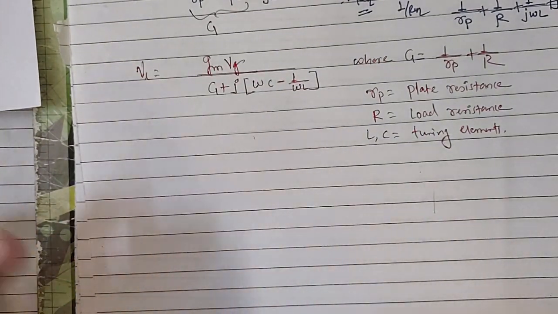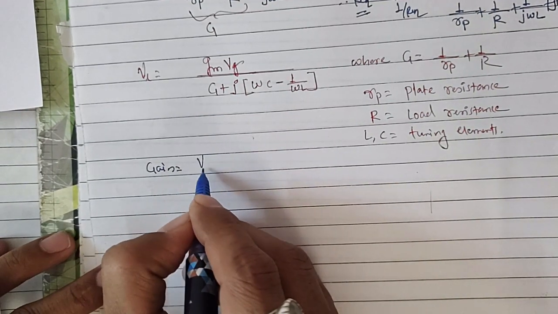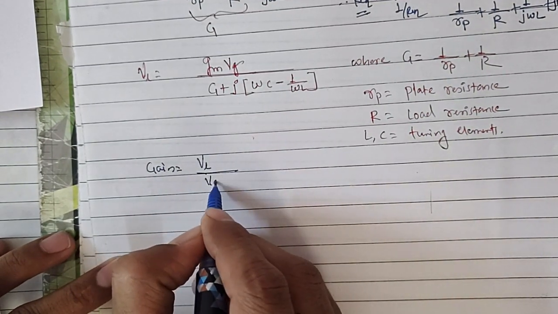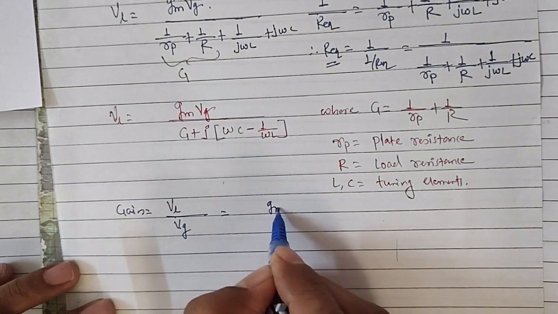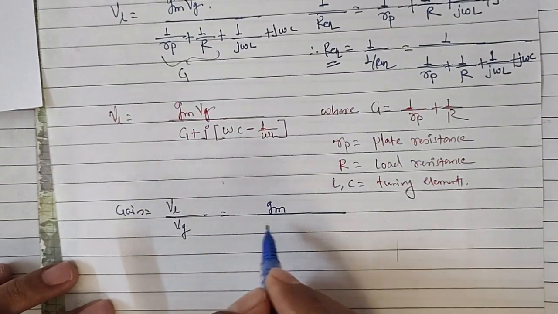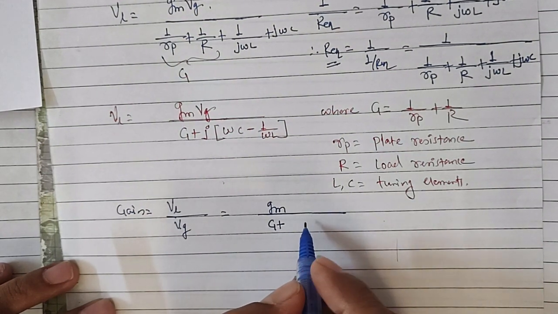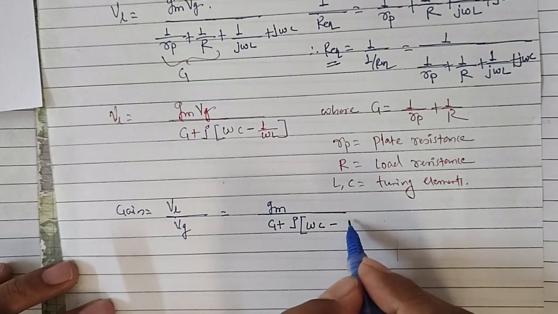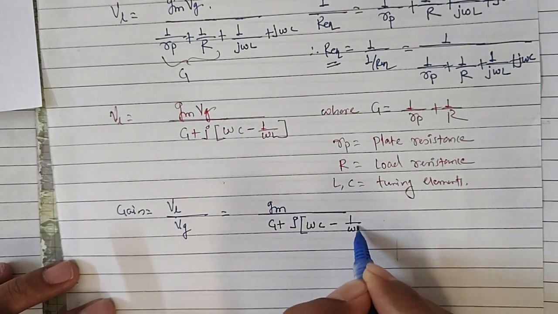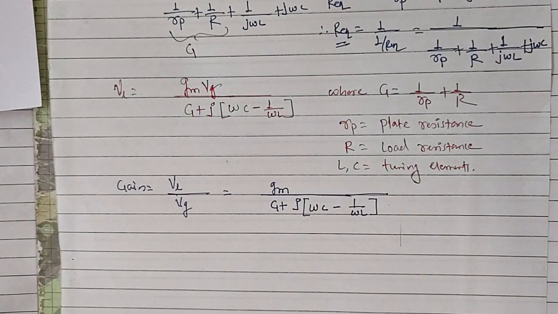So for gain, as we know, voltage gain is output voltage VL upon input voltage VG. So the above equation would become GM by G plus J omega C minus 1 over omega L. So this is gain, but we are interested in obtaining maximum gain.